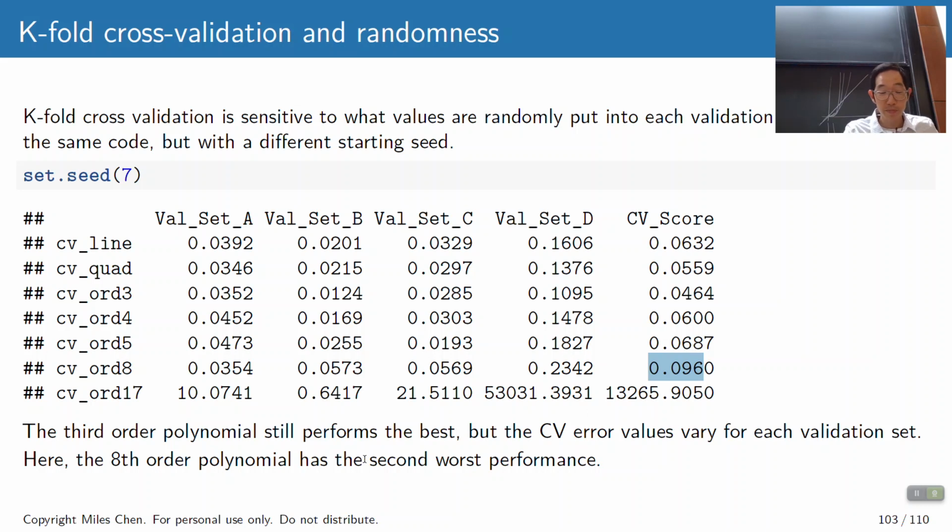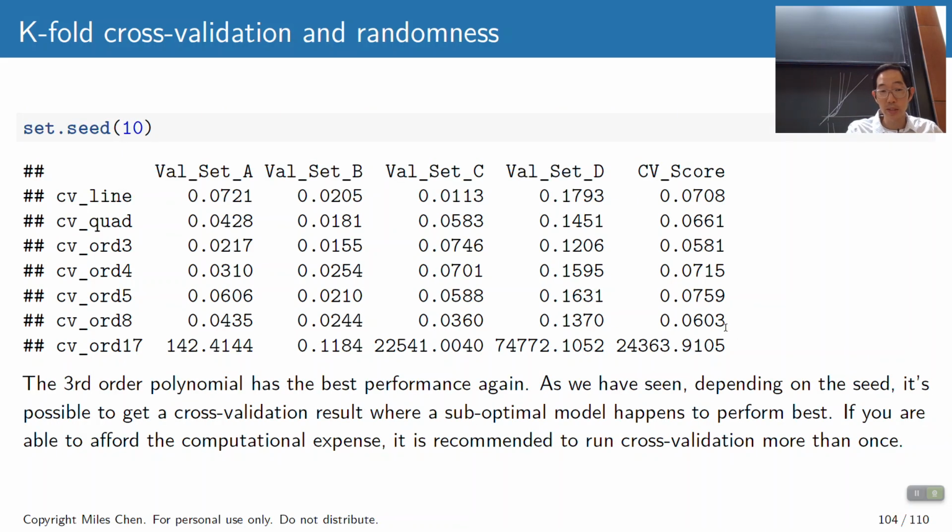So the 3rd order polynomial now performs the best. I did it one more time, changing the set seed, and again the 3rd order polynomial performs the best, and the 8th order polynomial does a little bit better.